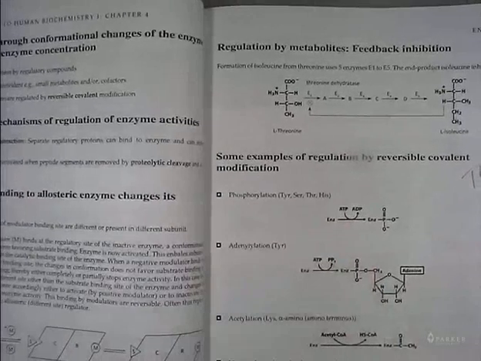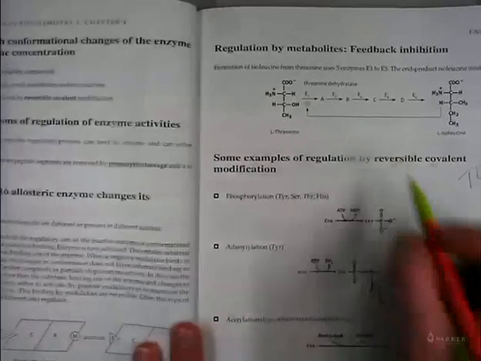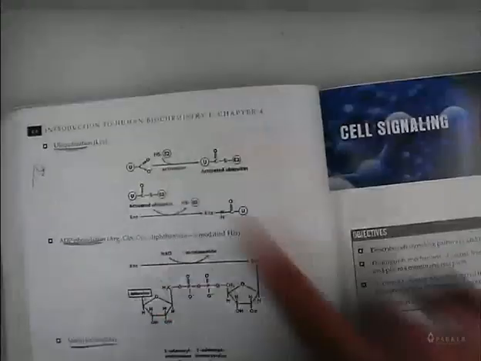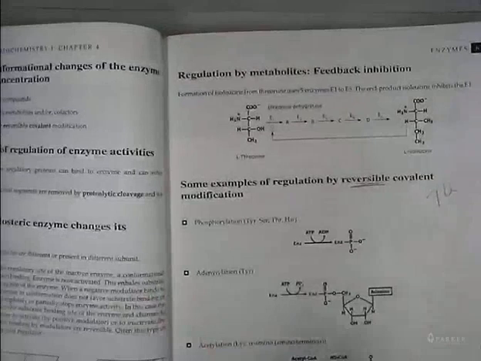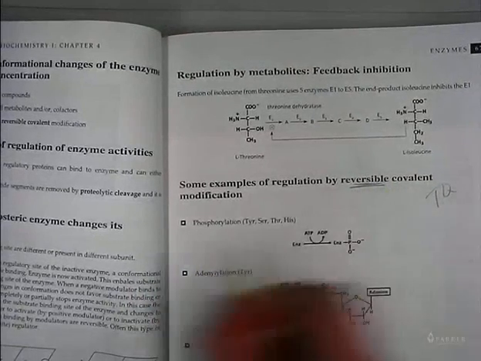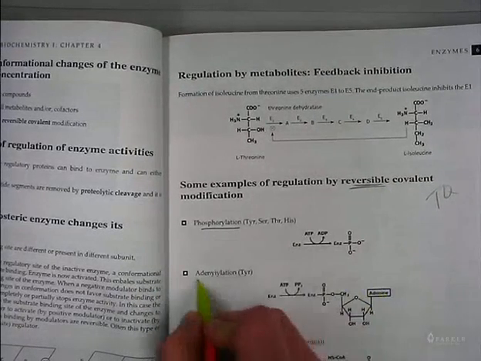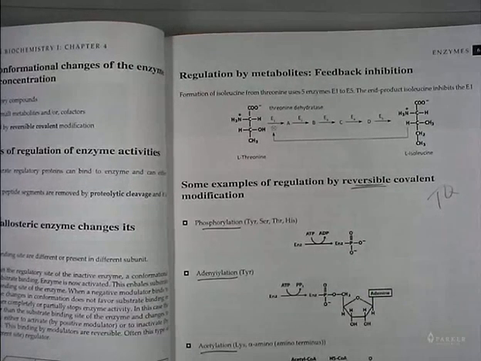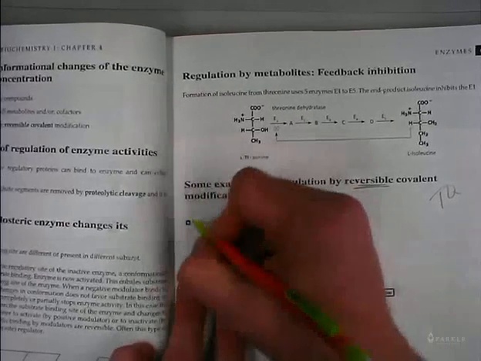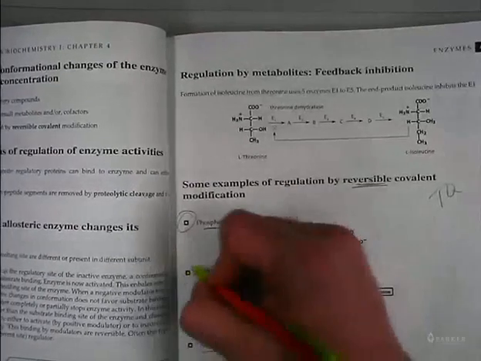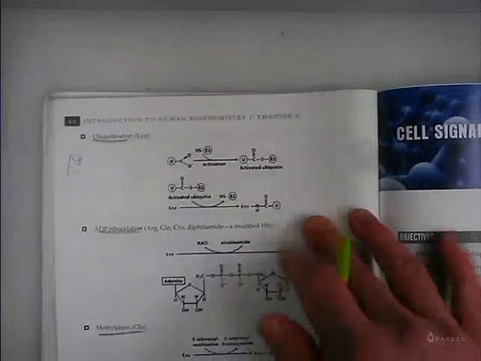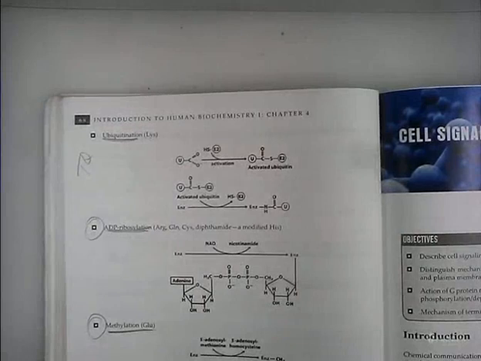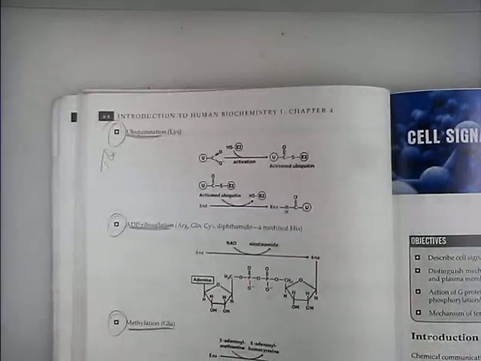Just knowing that we do have some reversible ones, and they are these 7. Types of reversible covalent modifications: we have phosphorylation, adenylation, acetylation, methylation, ADP ribosylation, and maybe ubiquitination.